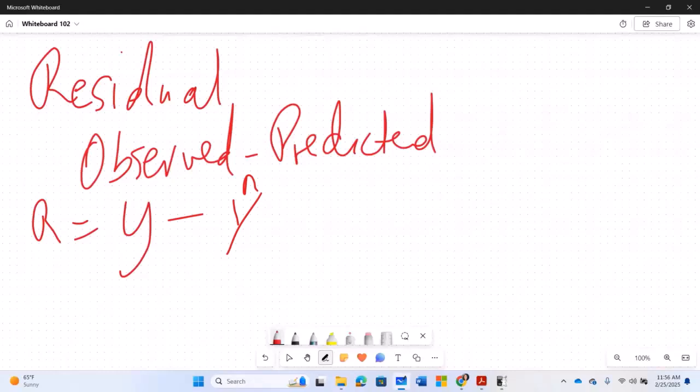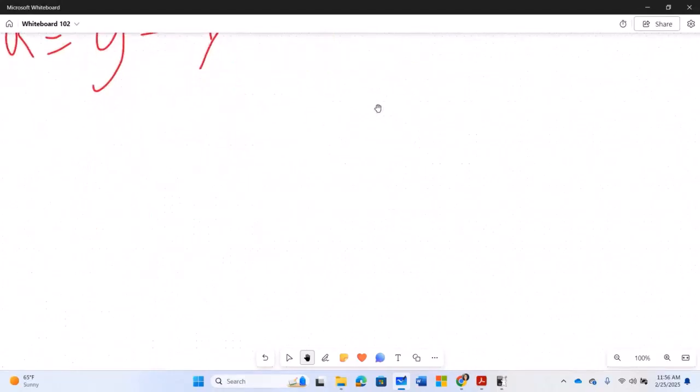Okay, and then how do we calculate? Because we are told to find the sum of squared residuals. So I'm going to make a table here, so I can calculate the sum of squared residuals. We already have the equation.